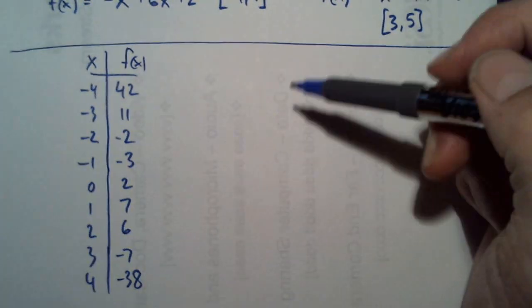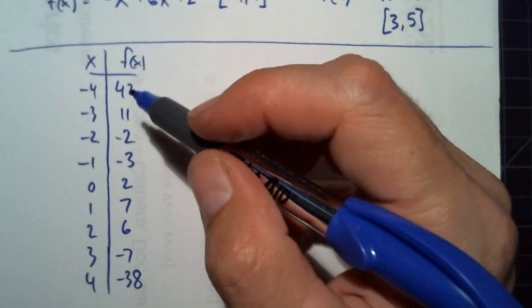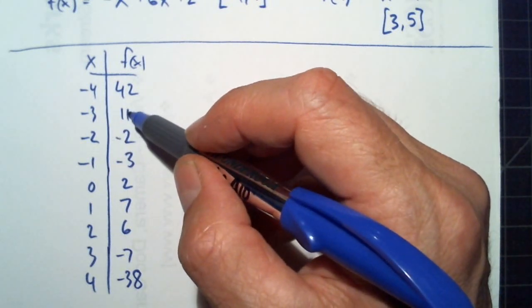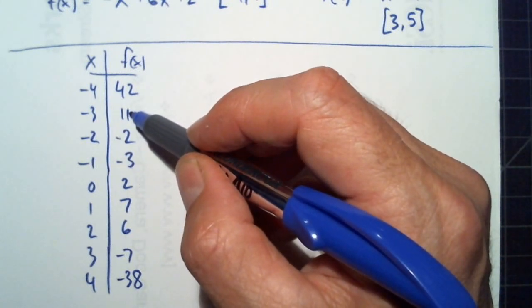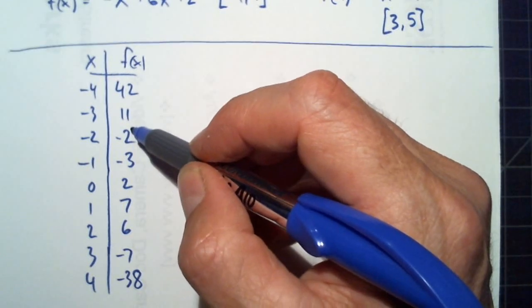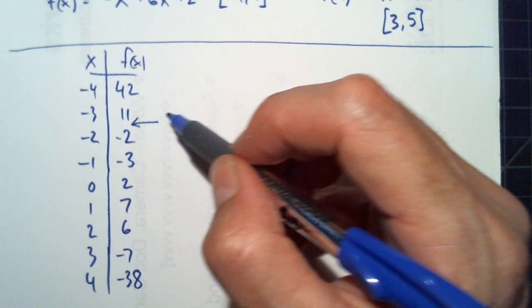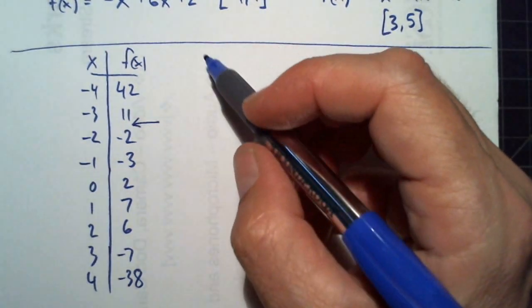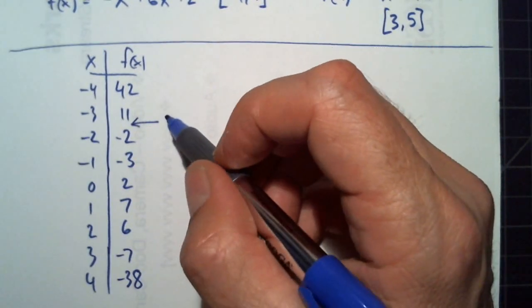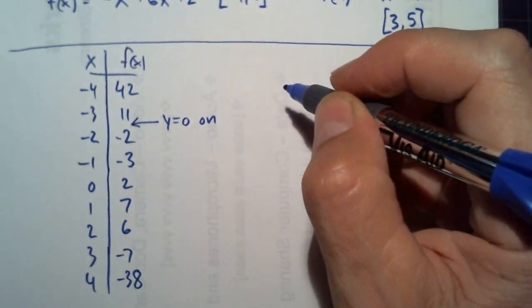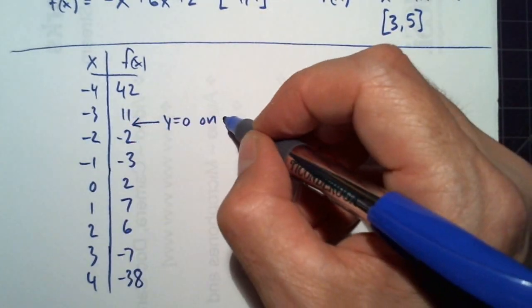If we're specifically looking for a zero, then we need to look for a sign change. So here at -3, it's above the x-axis, and then it's below the x-axis. Well, if it goes from above to below, it must cross the x-axis because it's continuous. Polynomials are continuous. So we know that y equals 0 on the interval -3 to -2.